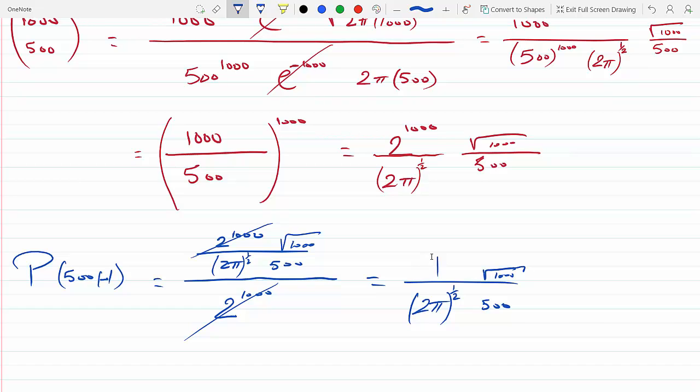So plugging this in, now it's reasonable. Now any calculator can handle this. We get 0.02523.